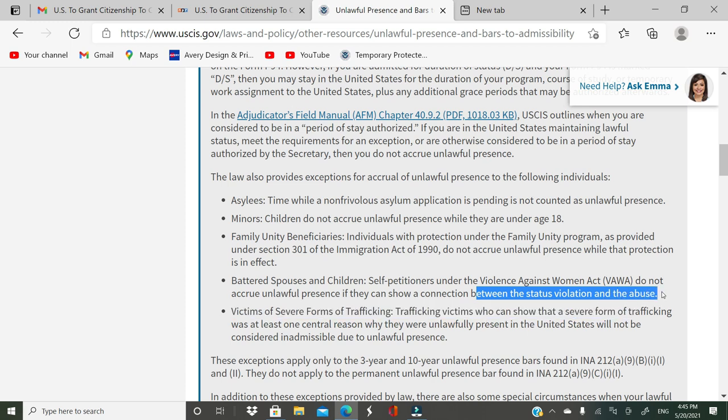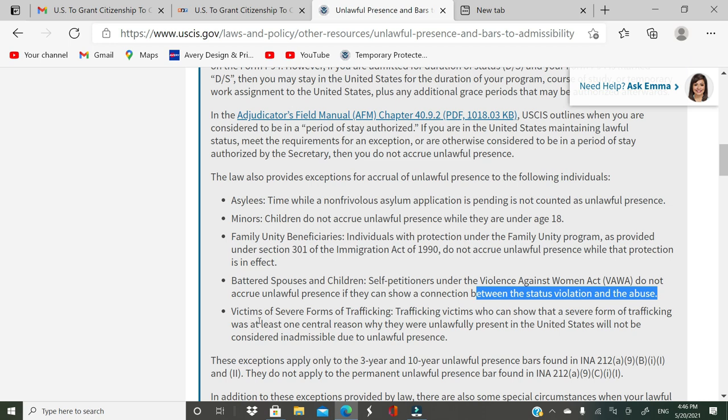So basically, you have to be able to show that the reason you have accrued unlawful presence is based on the abuse that you suffered from your spouse who is a U.S. citizen, of course, or lawful permanent resident. If you're a child, then it's going to be the parent. So as long as you can prove that, then you are not going to be required to file a waiver of that unlawful presence.